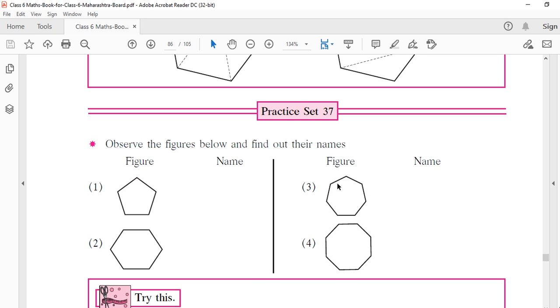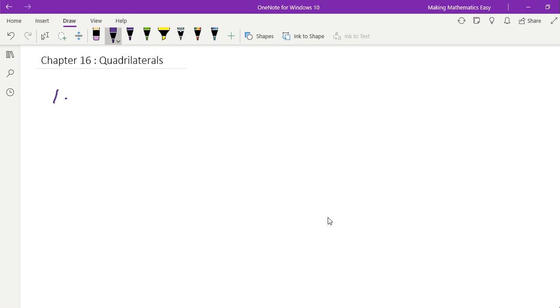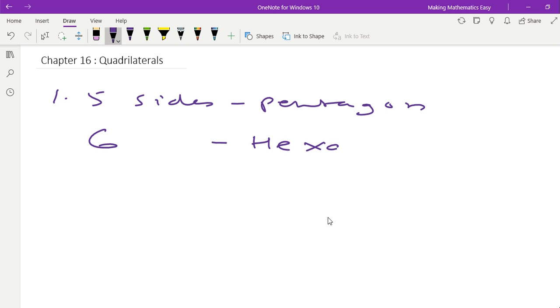Let's move on to the next. I'll just write the names over here. First, 5 sides is a pentagon. 6 sides is a hexagon.